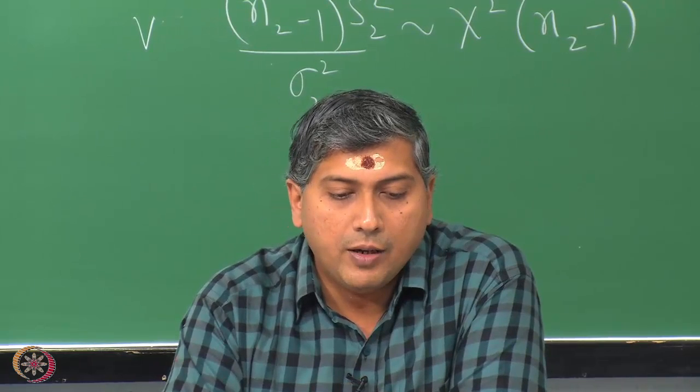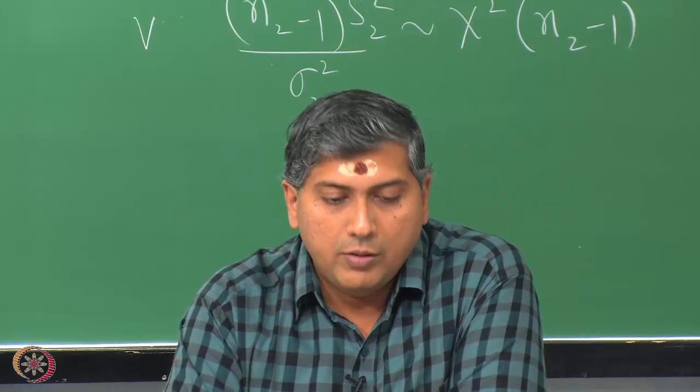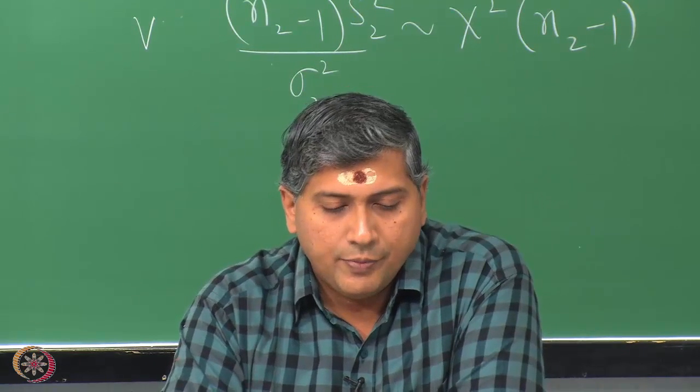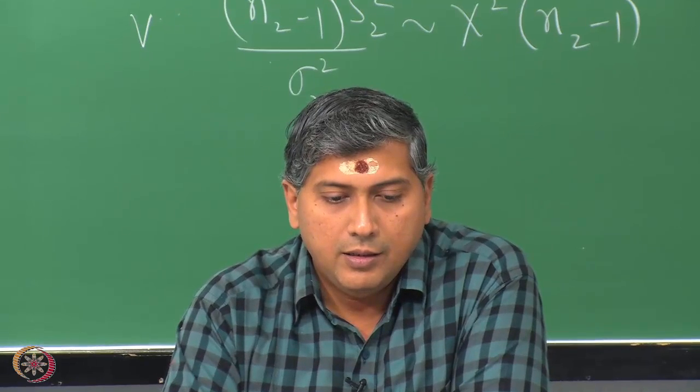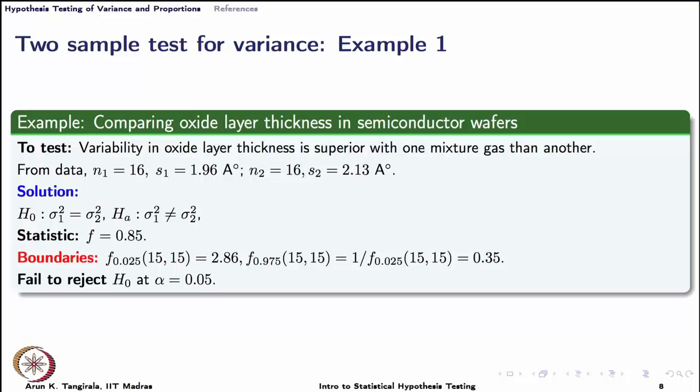The manufacturer has used 2 different mixtures of gases for the environment when the oxide layers were being formed, and then about 16 specimens from each of these scenarios were drawn randomly, and the variability was estimated.